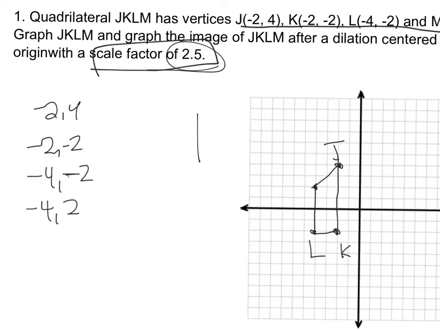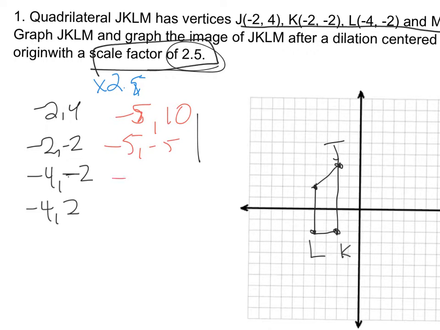So then you want to take everything and multiply it times 2.5. So my new points are going to be just that. Multiply every single thing times 2.5. So -2 times 2.5. So your new points are going to be -5, 10. Okay, so this is going to be -5, -5.